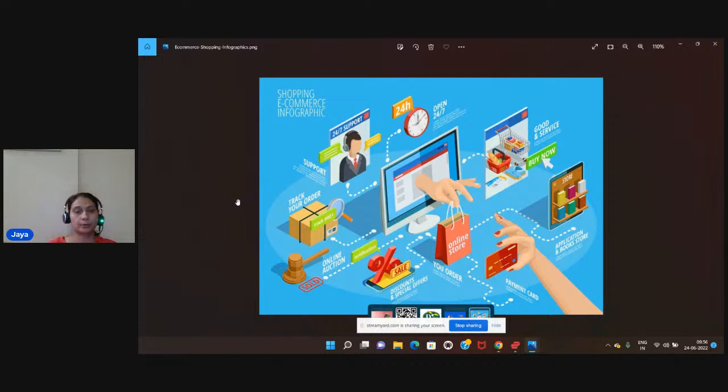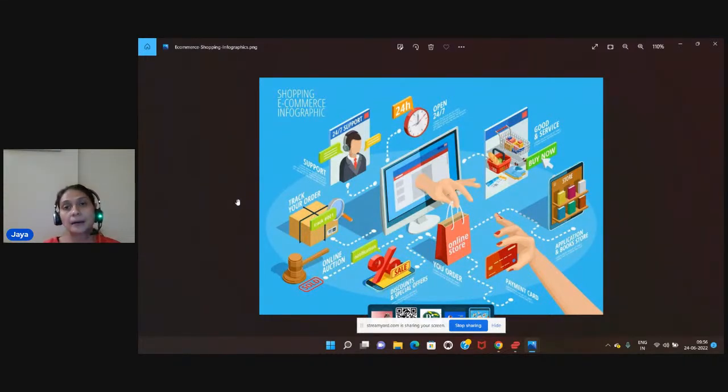When you buy a product, you get a feedback form. If the feedback form is attached to a QR code, you can write your opinion and suggestion on whether the product is good or not, and whether other people should buy it.